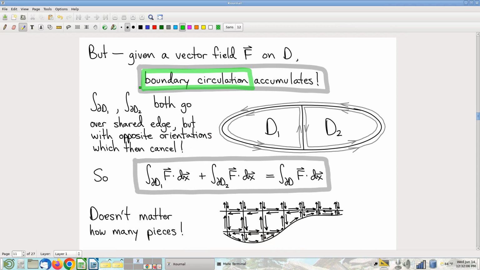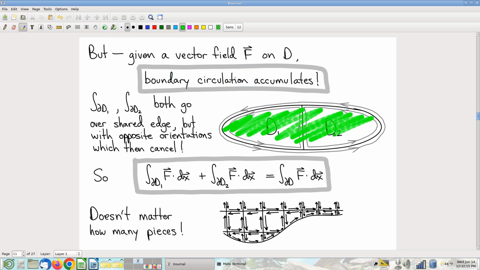Specifically, boundary circulation accumulates over areas, in the sense that if you think about the boundary circulation for the whole here, and then also the boundary circulation on the left piece and the boundary circulation on the right piece, the whole is the sum of the parts.